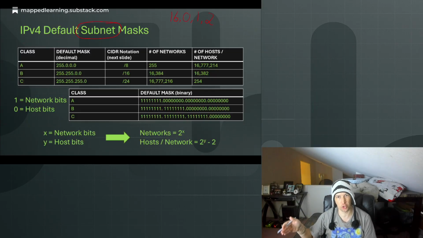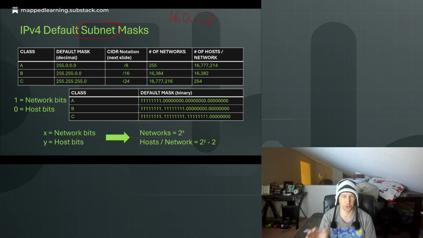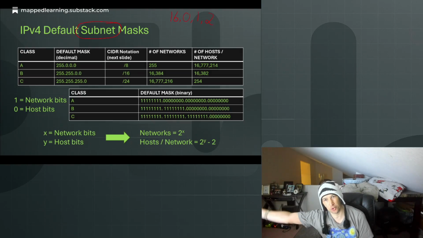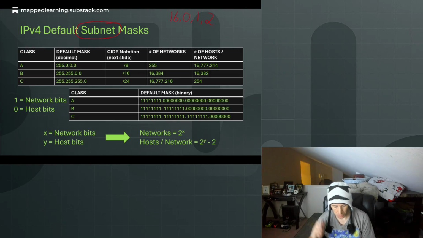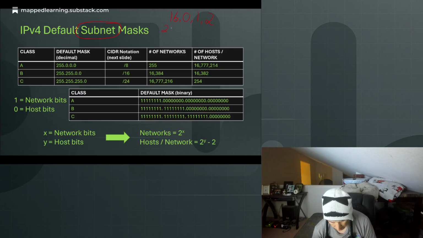Once we turn a bit to a 0, all of the bits after that are 0 as well. There is no mixing and matching. It doesn't go 1, 1, 1, 0, 0, 0, 1, 1, 1, 1, and we don't start all the way at the right. If you look at the bottom table, we can see this graphically. So the default subnet mask for Class A, we write it down below, is 255.0.0.0.